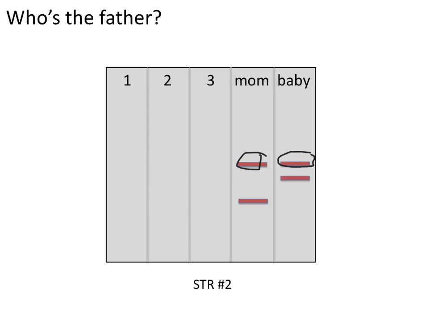Here's mom's other fragment length, so one's from the mom's mom and one's from the mom's pa. So we're not really concerned about this one. We're concerned about this one. That's going to be the father. And so the mother and father of this baby are going to have this length and then this length. Well, that's mom, but it's going to be over here somewhere.